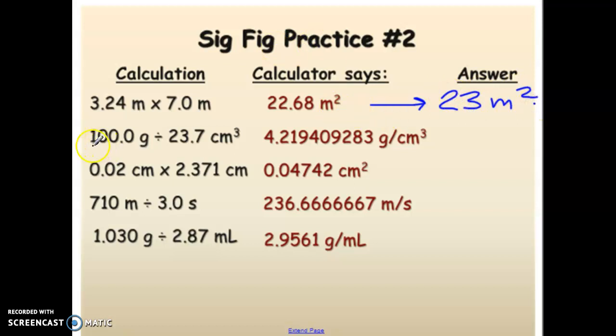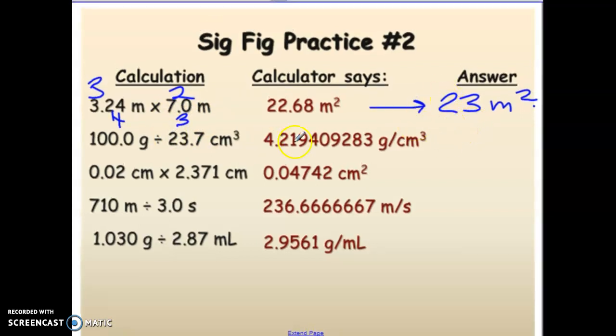Okay? So here we have 100.0, which is 4. Maybe I'll write down how many sig figs these have so we remember why we're doing this. So 100.0 has 4 significant figures because of the decimal point. 23.7 has 3. So that means our final answer here would have to be reported to 3 because it's the lower number of the 2.